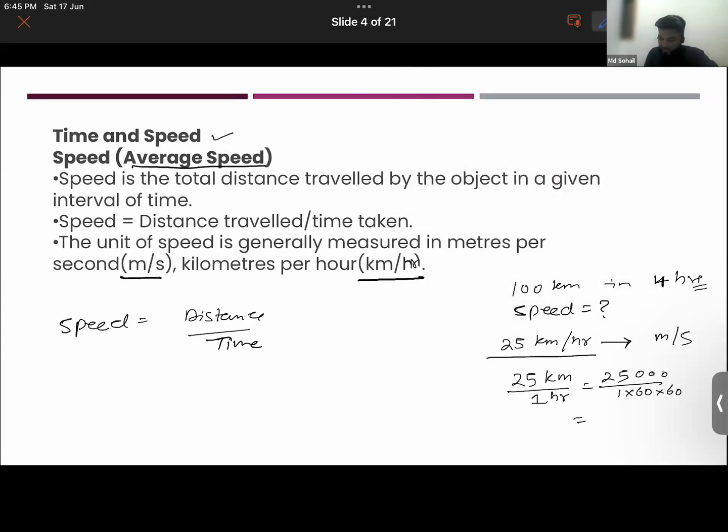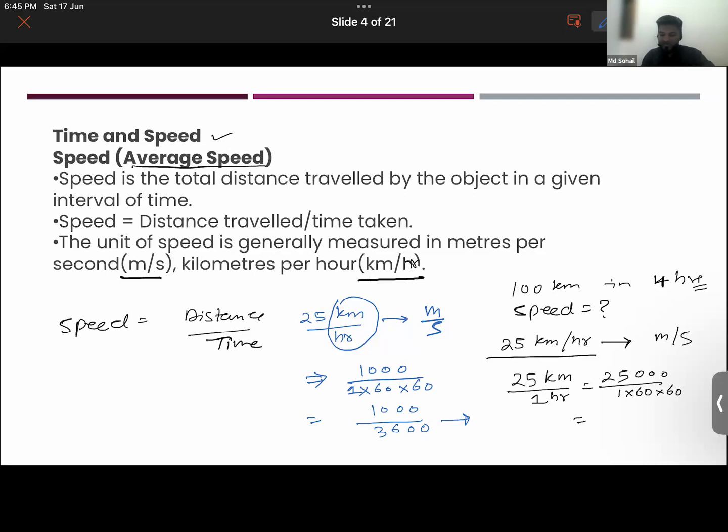See here, 25 kilometer per hour. Let's convert this kilometer per hour into meter per second. To convert kilometer into meter, we simply multiply it by 1000, and to convert hour into second, we first multiply it by 60, then again by 60 to convert minutes into seconds. So what value are you going to get here? 1000 upon 3600. Simplify this further.